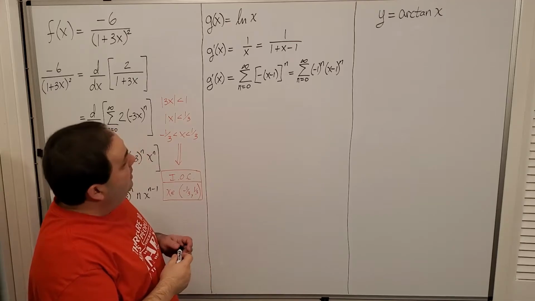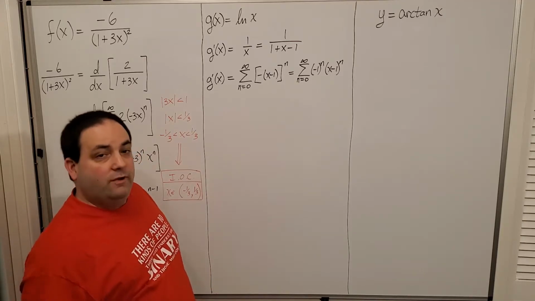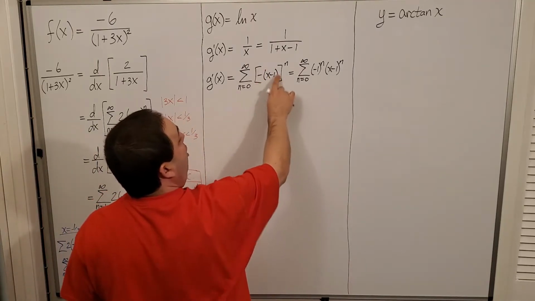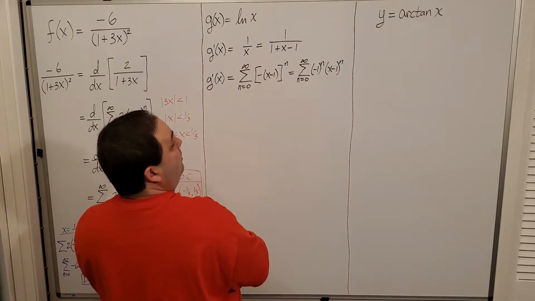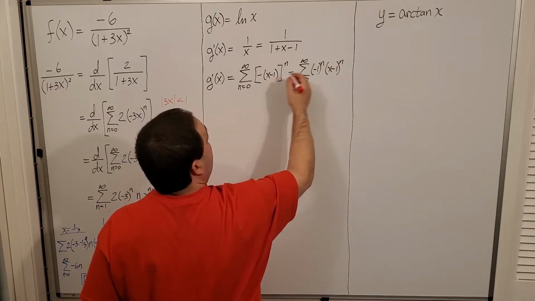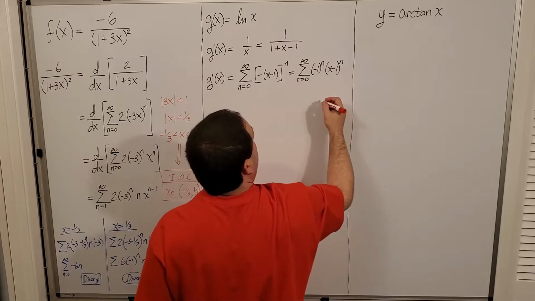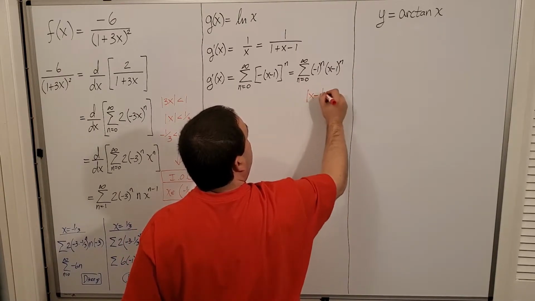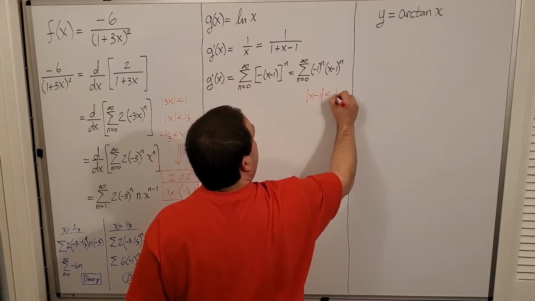Okay, and then what's the interval of convergence on that guy? Well, my r is the x minus 1, remember? So I have to have that the absolute value of x minus 1 needs to be less than 1.